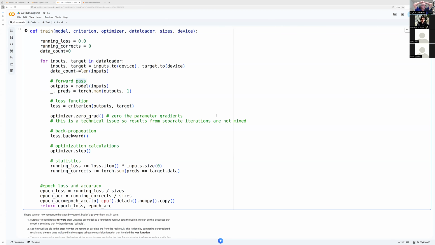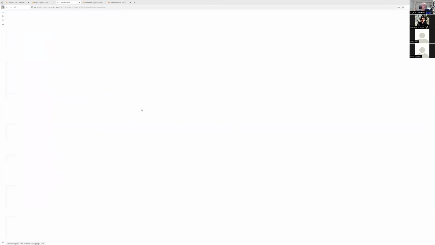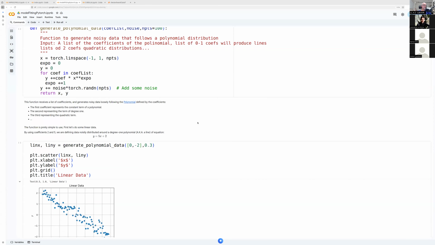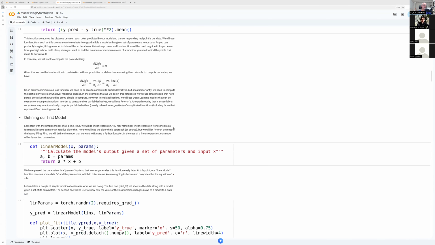We are explaining how the training works for deep learning models. And we said that we had a look at the general structure of how that works for simple models in the linear regression notebook about fitting models to data. We had seen how we could define simple models with just one function.